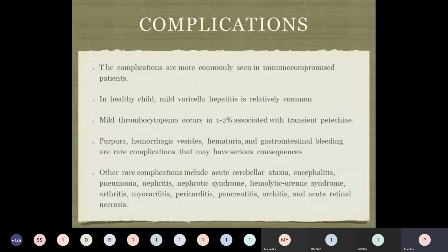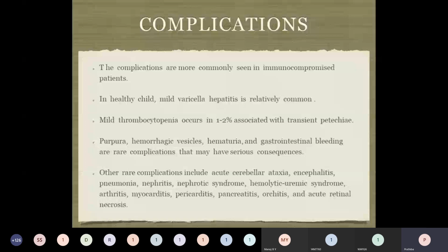Let's see the complications. The complications are more commonly seen in immunocompromised patients. In a healthy child, mild varicella hepatitis is relatively common. Mild thrombocytopenia can be seen in 1 to 2%, which is associated with transient fatigue, purpura, hemorrhage, vesicles, hematuria, and GI bleeding. These are the rare complications we are going to see.